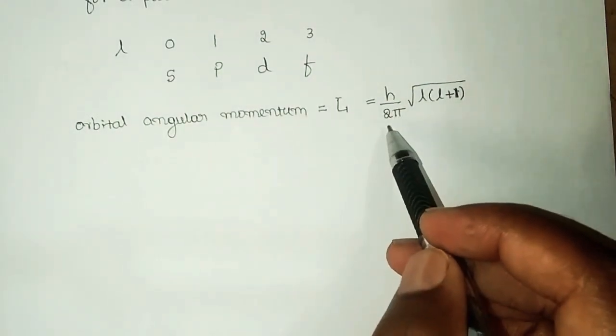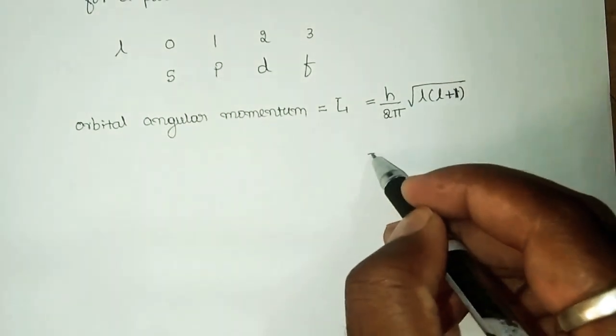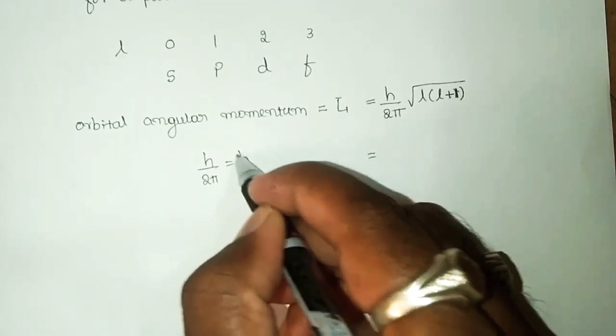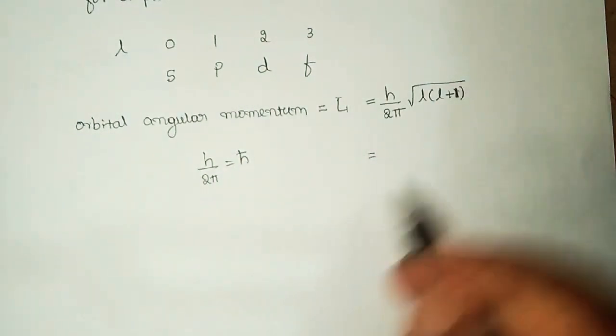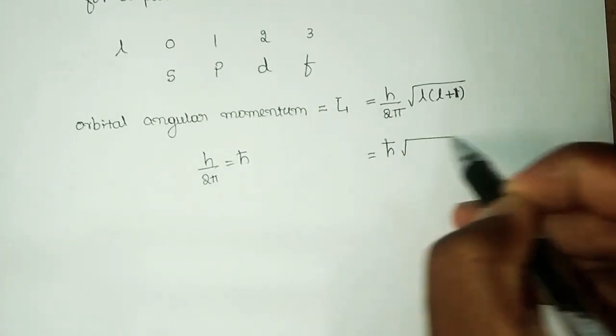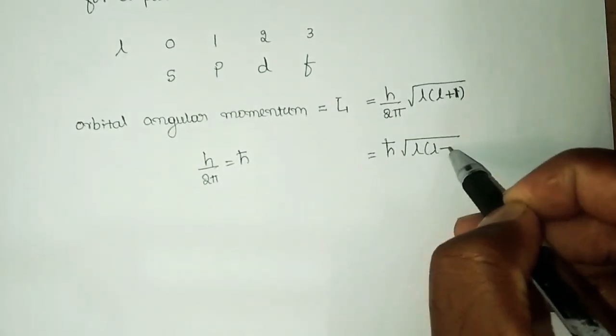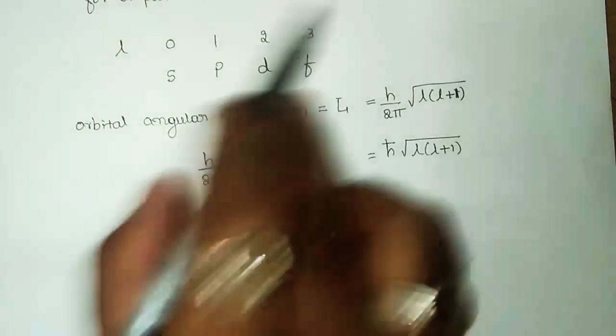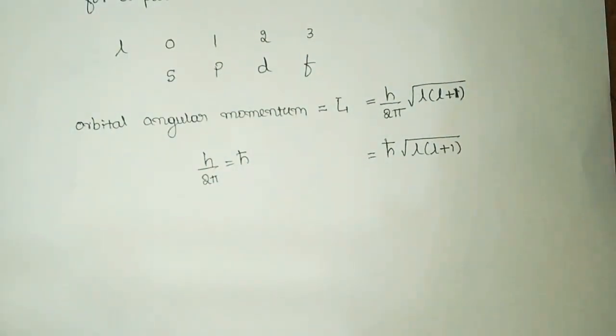And in the previous videos we said that h by 2 pi can be written as h cross. So the equation can be modified to h cross into square root of l into l plus 1, wherein l is the azimuthal quantum number value.